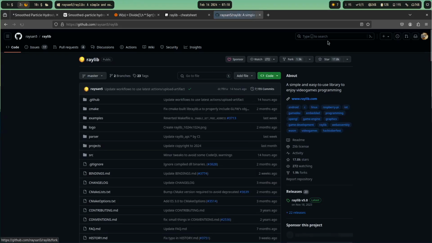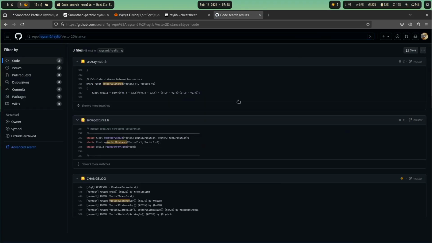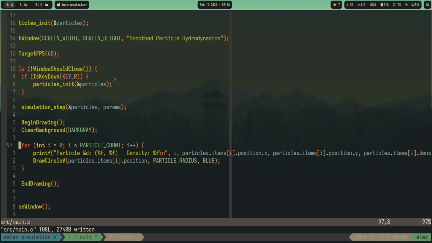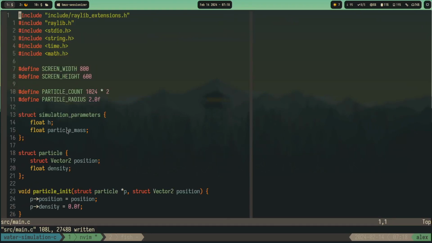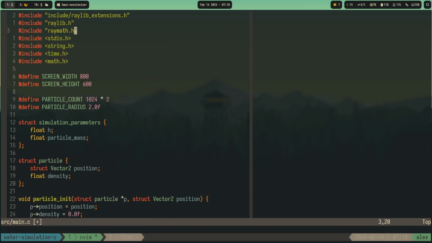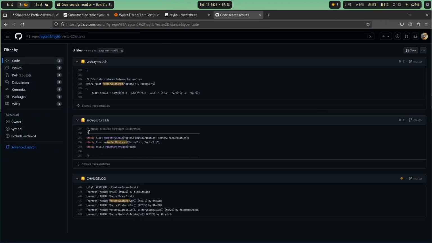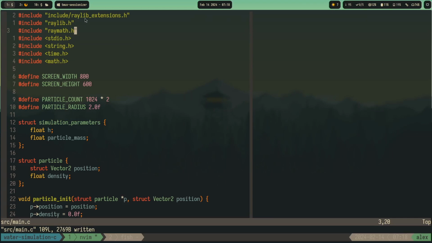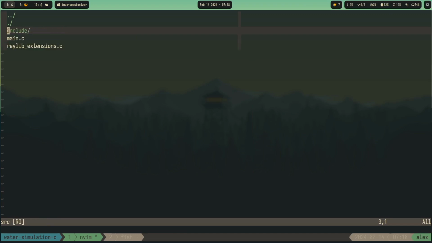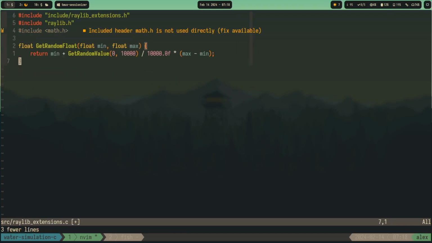I mean, how do we get it then? It's in Raymath. Oh, maybe we need to just import Raymath. How does it work? Include Raymath. Okay, then we don't need this thing, I guess.